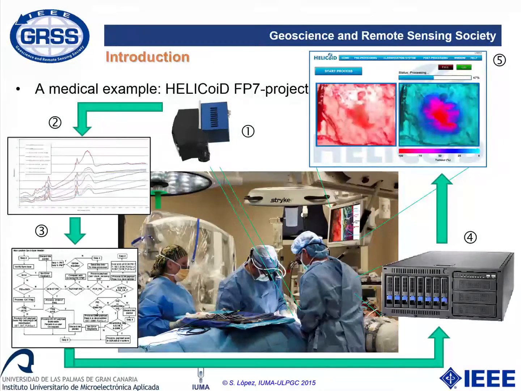So at the end, what we are able to offer the surgeons is a superimposed image with the results of our classification algorithms. In fact, what we are giving them in real time is a classification that distinguishes between healthy tissue and not healthy tissue, and because of this, tissue affected by a tumor.